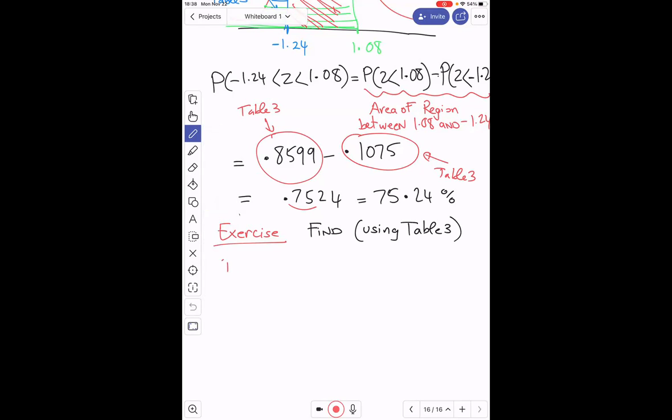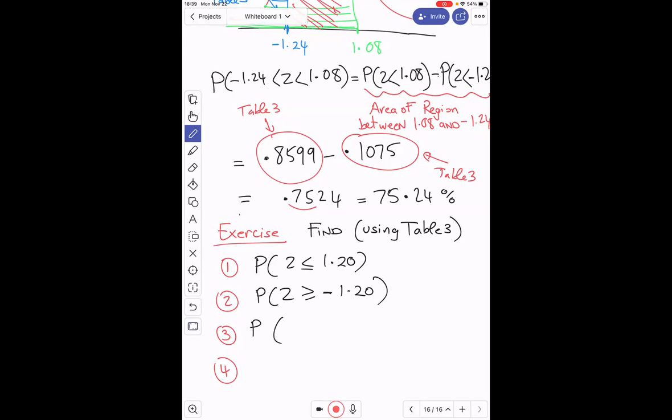So first, let's find the probability that Z is less than or equal to 1.20. Probability that Z is larger than negative 1.20.